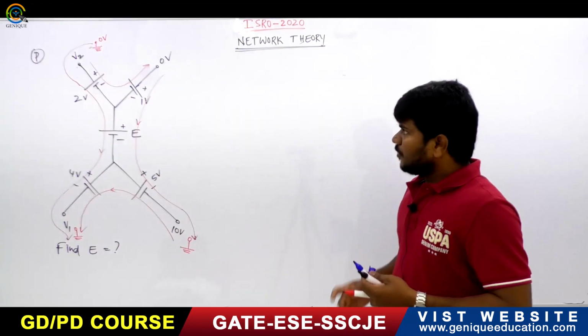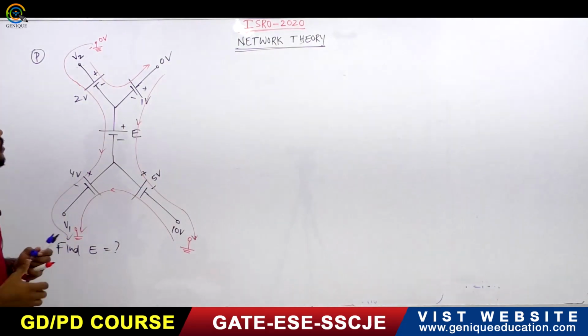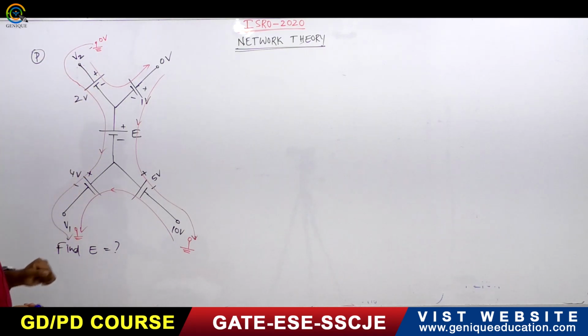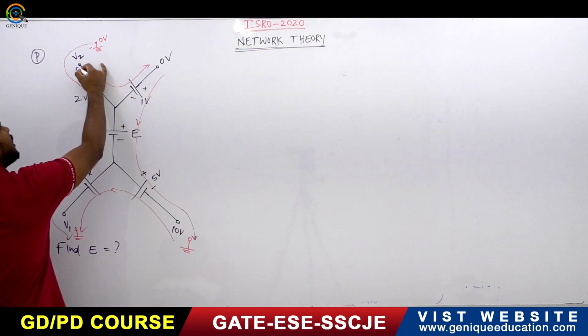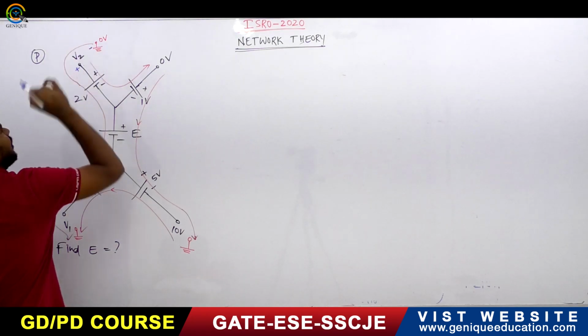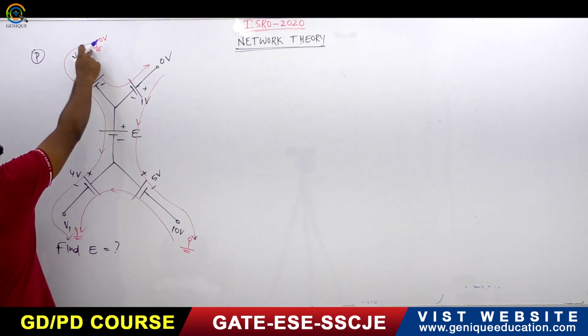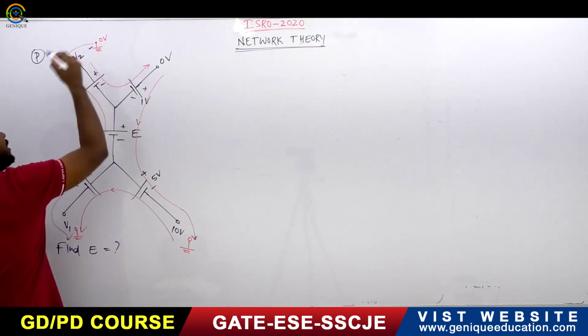Now I am taking this loop to find E. How can I write the KVL equation? It is a positive terminal with respect to this negative terminal. This point is having V2 with respect to 0, so I am taking this one as the positive terminal and the ground as the negative terminal.